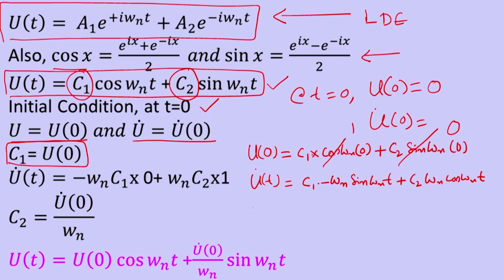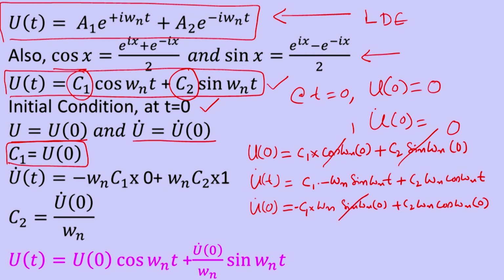That second initial condition is u dot 0. So u dot 0 is equal to c1 into omega n with minus symbol, and then sin omega n into 0, plus c2 omega n cos omega n into 0.